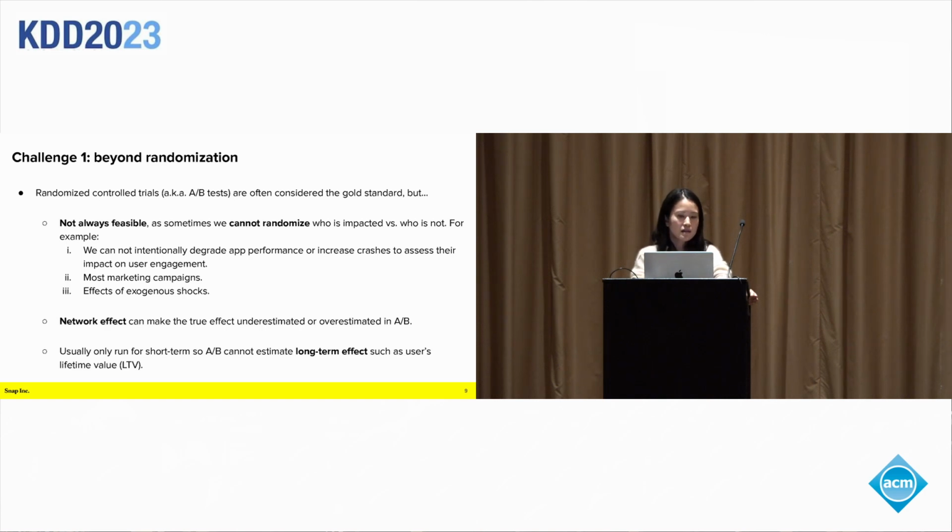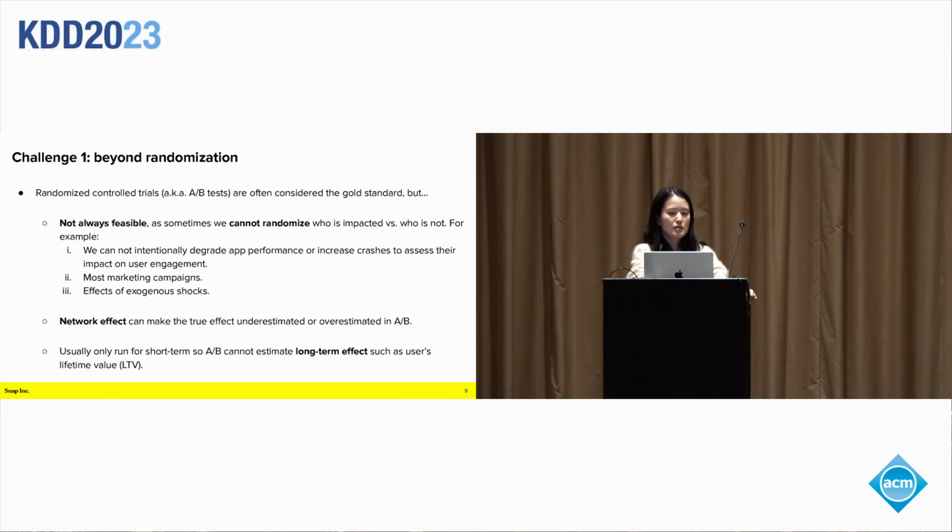But it is not always feasible because sometimes we cannot randomize which users are impacted versus which are not. For example, we cannot intentionally degrade app performance or increase app crashes to assess their impact on user engagement.